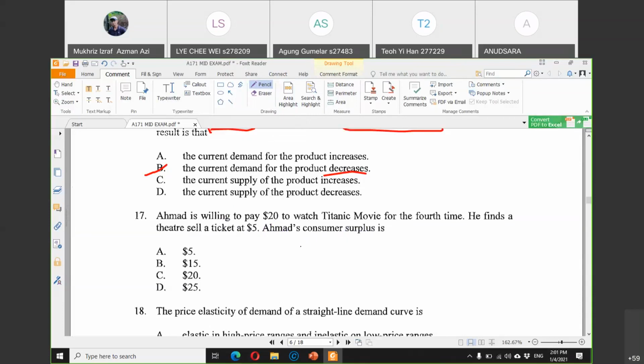Consumer surplus is the difference between what you are willing to pay and what you actually paid. So 20 minus 5, the obvious answer is 15. Just go back to the definition just now, and you can get the answer to this.